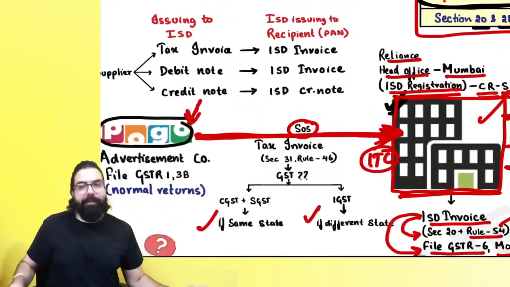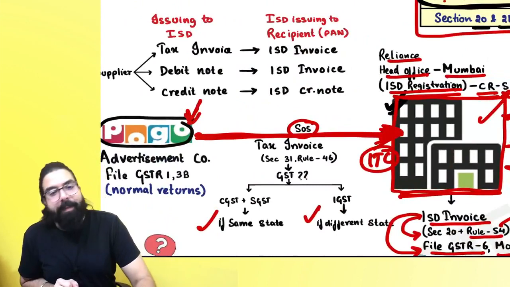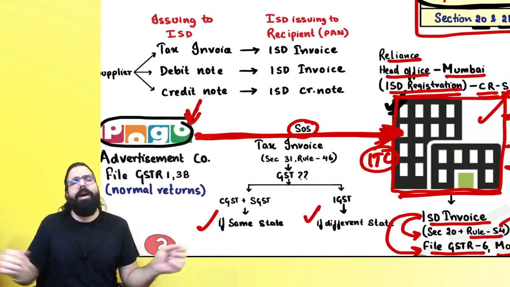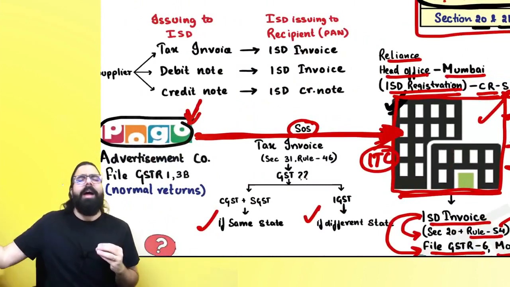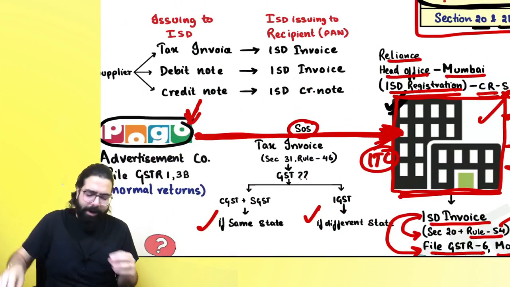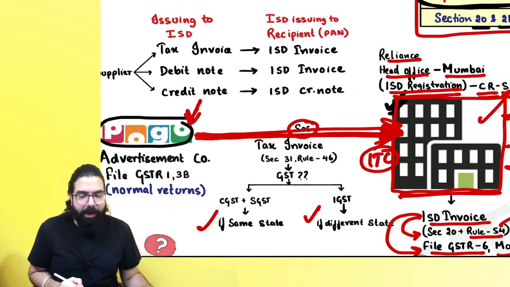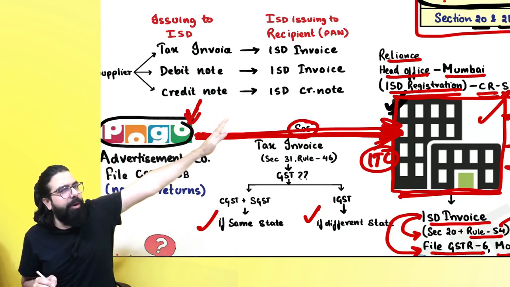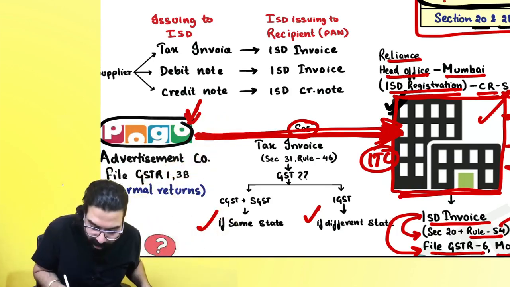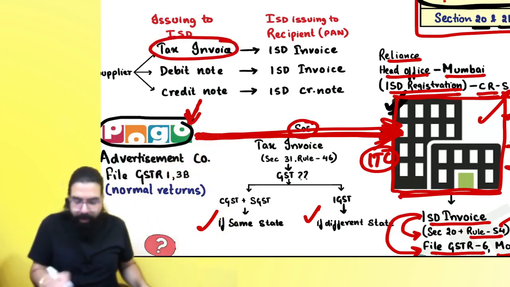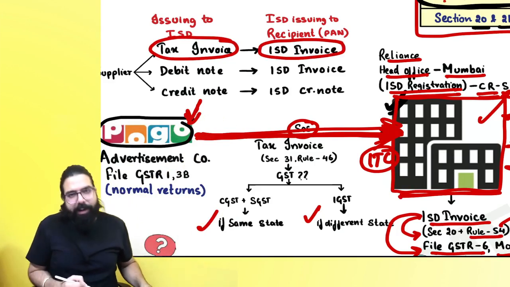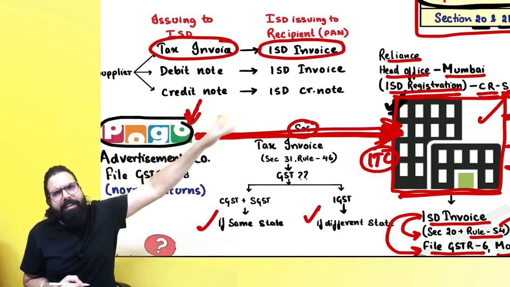Now everyone listen to me very carefully. If the supplier gives an invoice to the head office, then the head office, to distribute, will issue an ISD invoice to the branches which are under the same PAN.